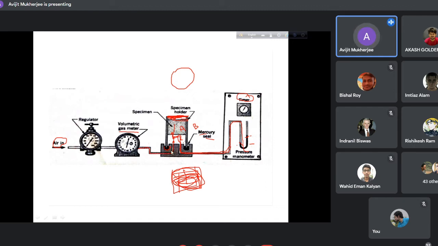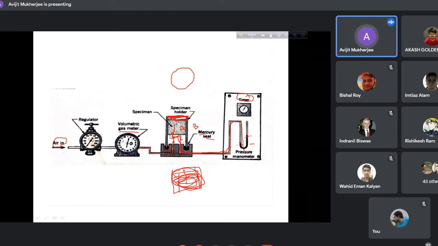So more permeability number means denser the structure, and denser the structure means the particle sizes are fine, is it not? Fine particle, because if the particle size is very fine, then and only then structure will be dense.